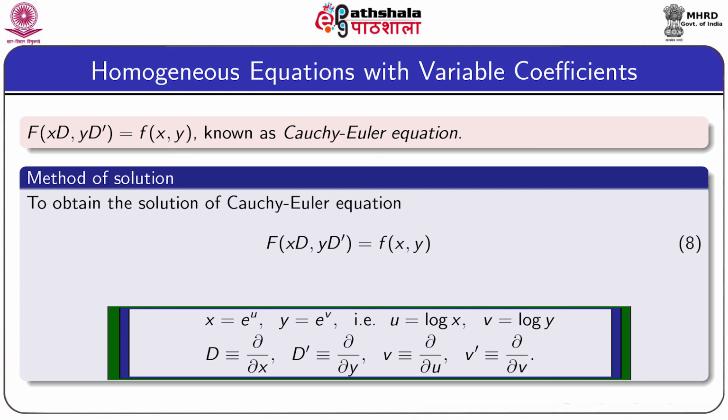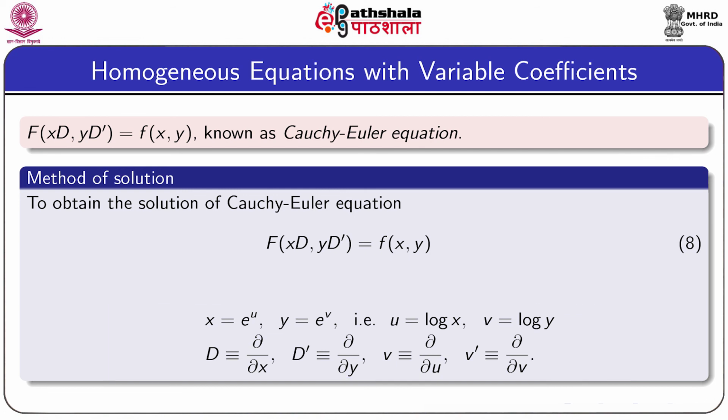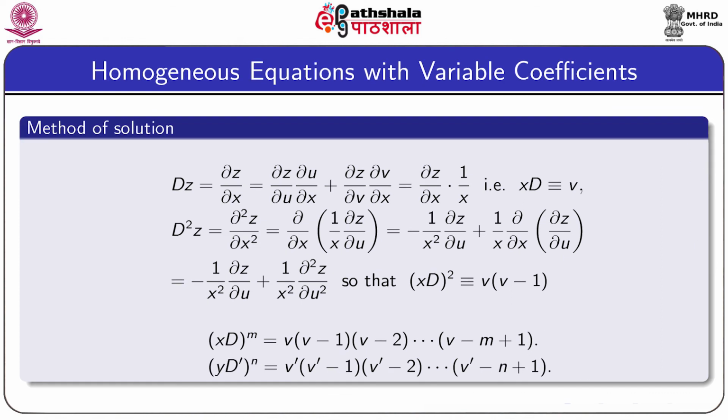So, if we write down the given equation in terms of the variables u and v instead of x and y, the equation will become a differential equation with constant coefficients, and we know how to find the solution of an equation with constant coefficients. So, using those concepts, one can solve this particular type of equation, the Cauchy-Euler equation, using this transformation.